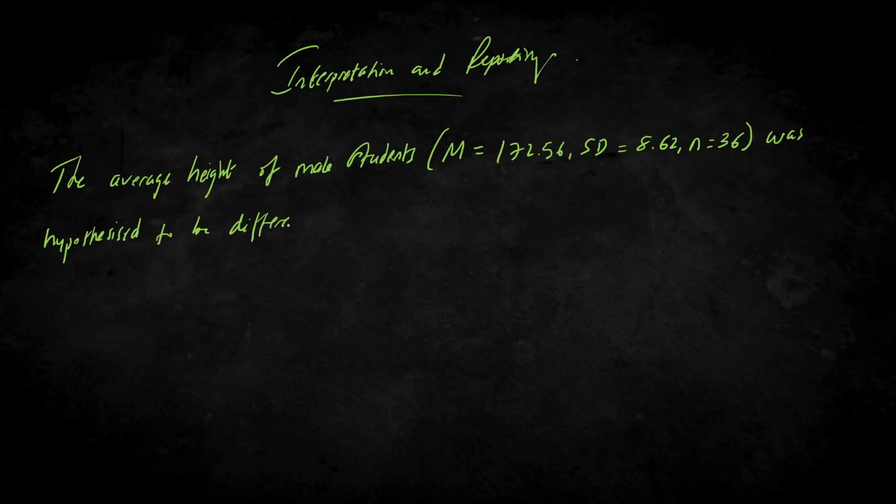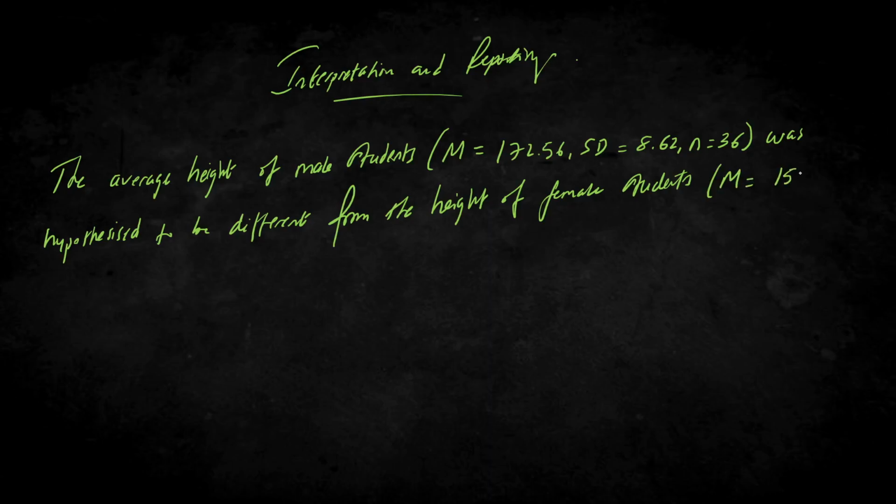So that's what we claim, our alternate hypothesis, from the height of female students, and where we actually get from our sample a mean value of 155.85, a standard deviation of 5.64, and a sample of 34.